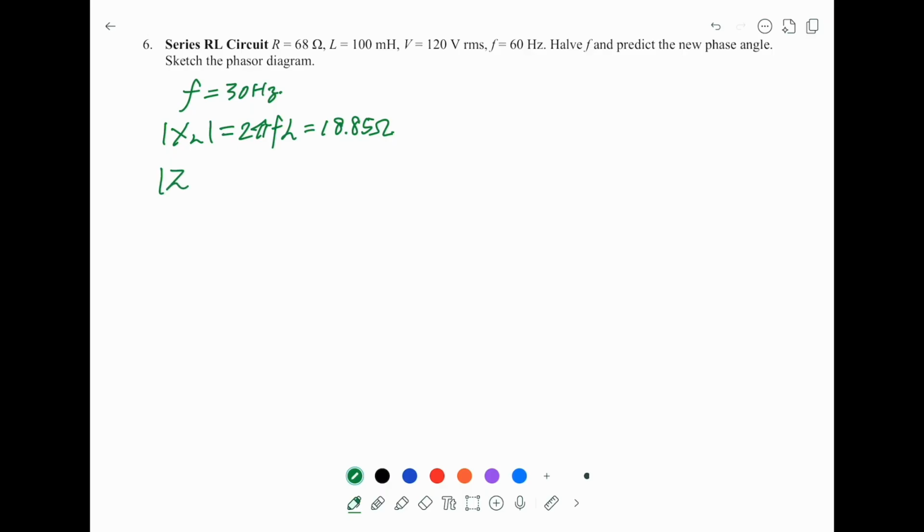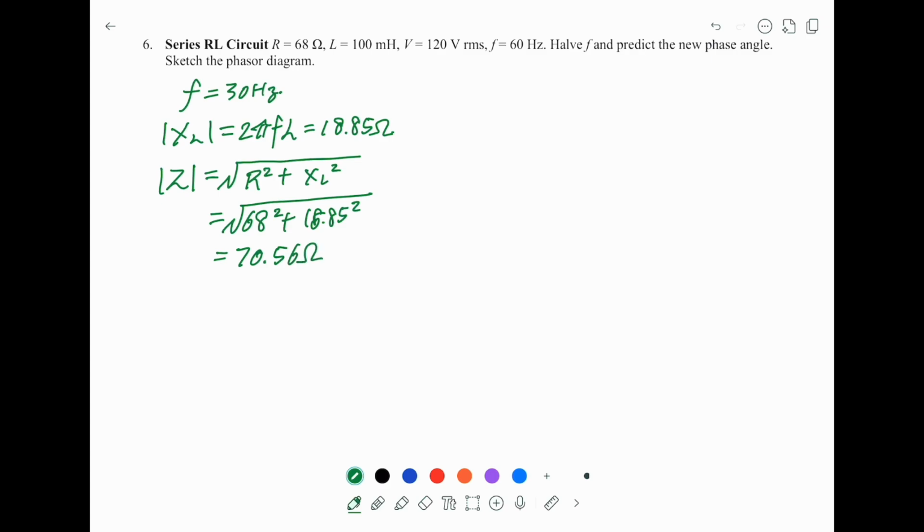And the impedance is equal to the vector sum of these two, and it's equal to the square root of 68 to the power 2 plus 18.85 to the power 2, and it is equal to 17.56 ohms.